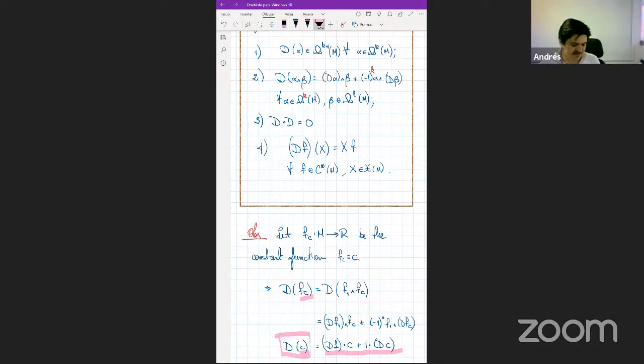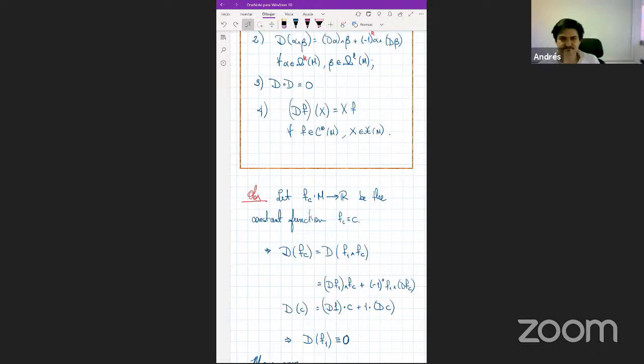But note that this one form is the same as this one. Hence, the exterior derivative applied to the constant function 1 has to vanish. And once you know that this is 0, then for any constant it will also be 0.